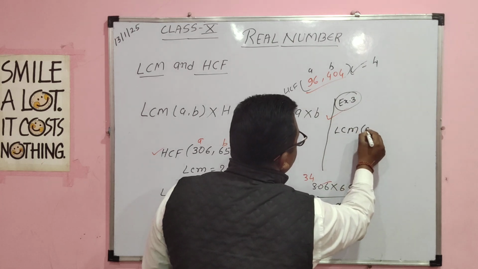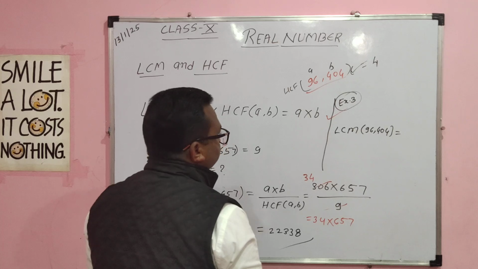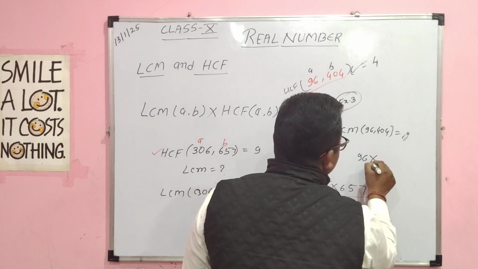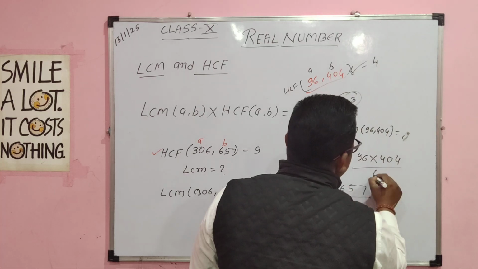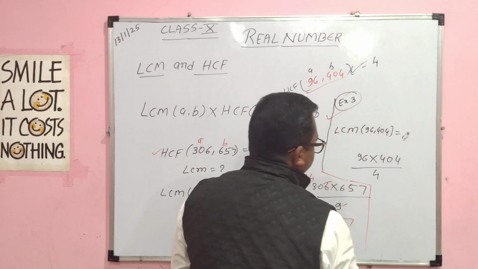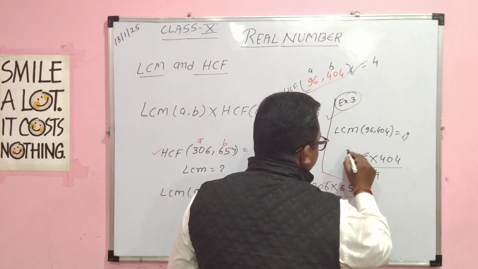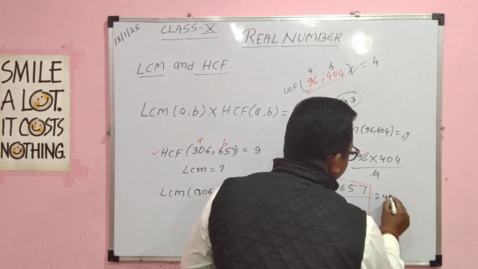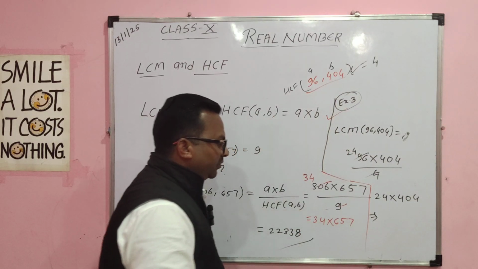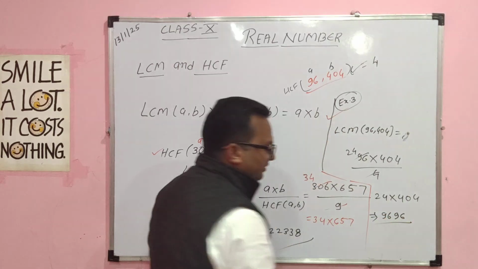LCM of 96 and 404 equals 96 multiplied by 404 upon 4. 4 2s are 8 and 4 4s are 16, so 24 multiplied by 404. After we calculate 24 multiplied by 404, we get 9696. 9696 is the answer.